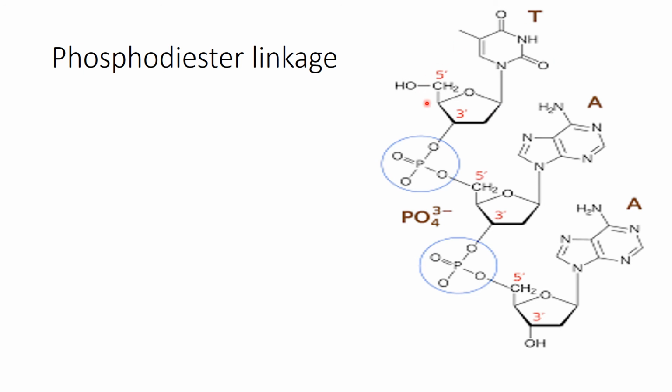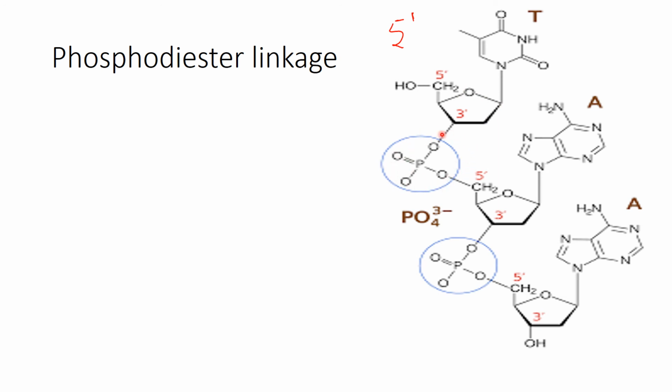So if the end has the fifth carbon free, then this end will be called the 5' end. Okay, and now we will just concentrate on this. See here, this is the nitrogenous base, this is the sugar, and this is the phosphoric acid. So the fifth carbon is linked to the third carbon of the previous nucleotide with the help of the phosphate.